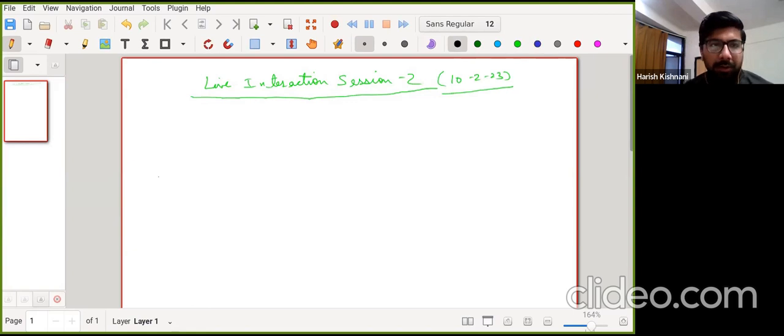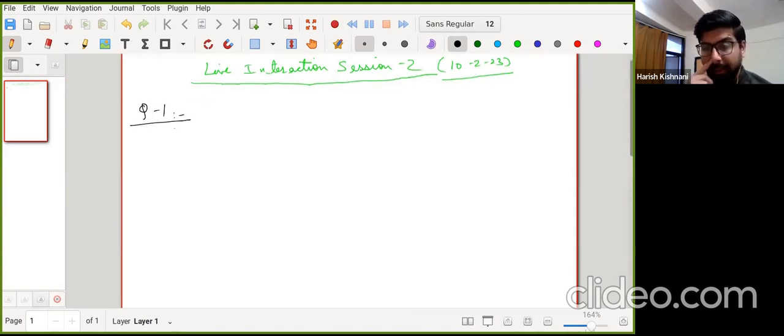So I hope that you all understood the definition of an ideal. Let me start with some examples related to ideals.